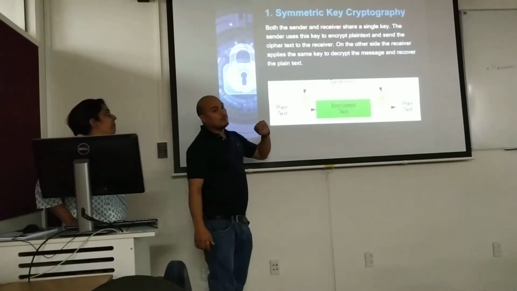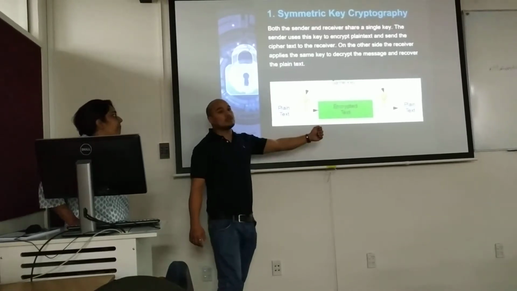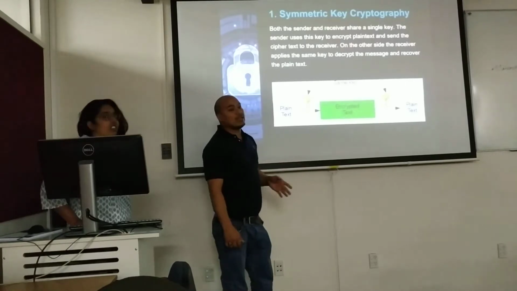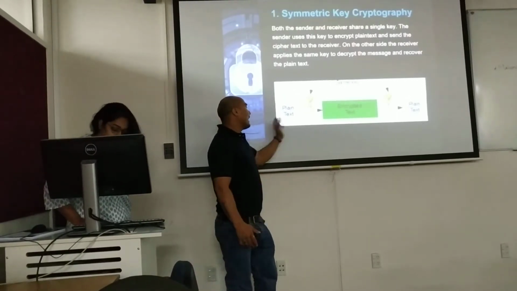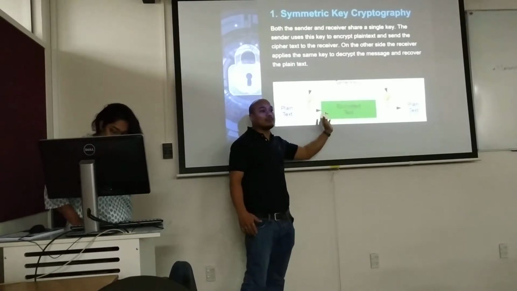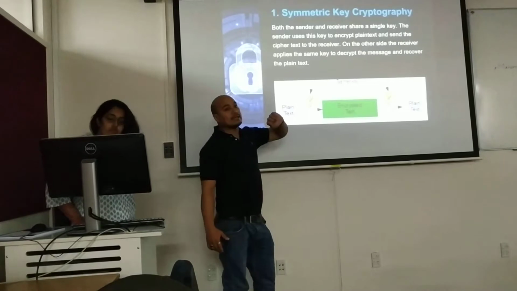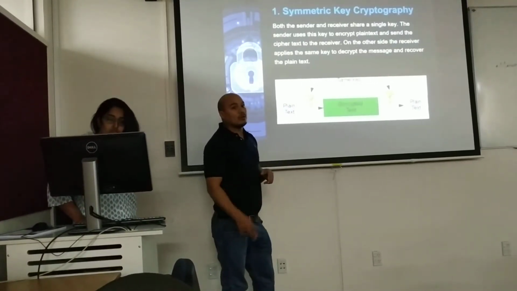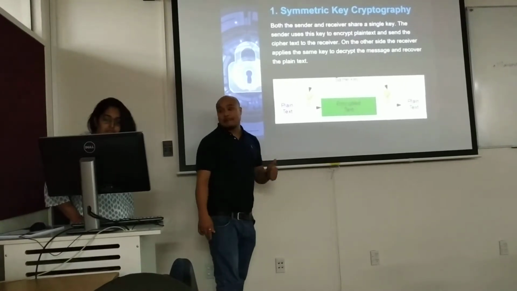Here, the key used for encryption and decryption, both of them are the same. The single key is used for both encryption and decryption, of plain text to ciphertext, and ciphertext to the plain text again. So the single key is shared between the receiver and the sender both. So this is private key because there is only one key.